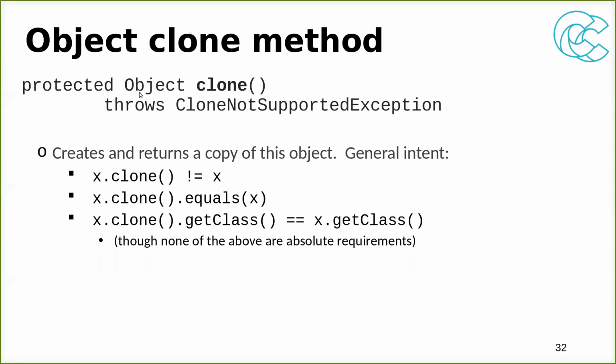This is how it's declared in the Object class, which is the parent for all classes. The return type is Object, and the visibility modifier here is protected. Just remember this one, and we'll come back to it when we override clone.